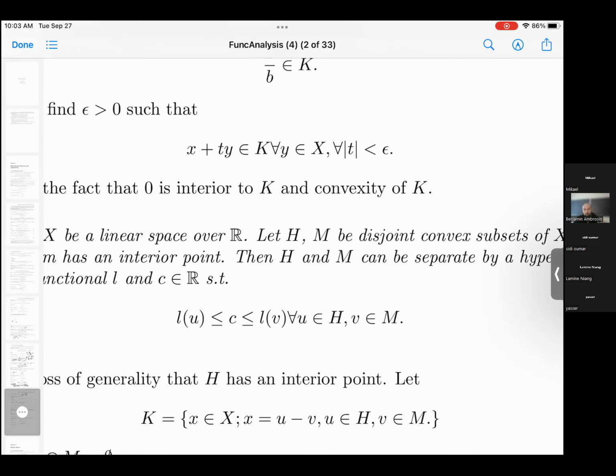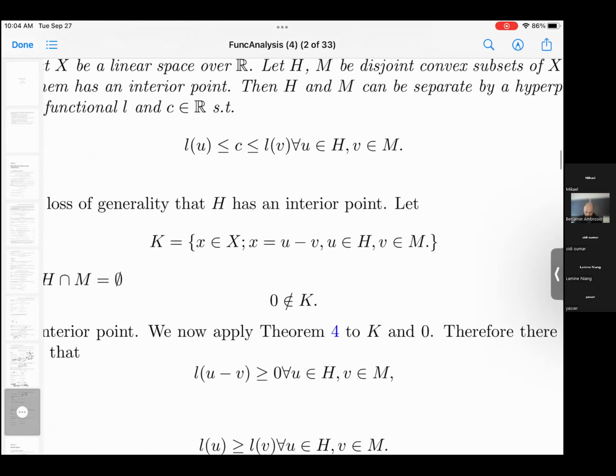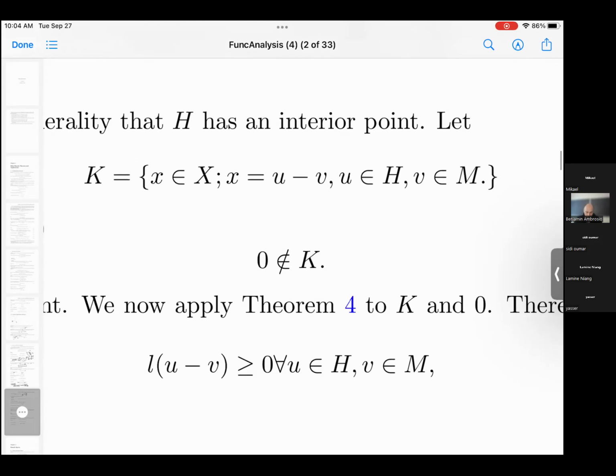Next, you also need to prove that K has an interior point. So without loss of generality, you can assume that H has an interior point, and if H has an interior point, then also K, right? And so then you apply theorem 4 to that. And applying theorem 4 gives you that L of u minus v is greater than L of 0. Actually, it's a less here. There's a typo here, and so you have L of u minus v is less than L of 0.